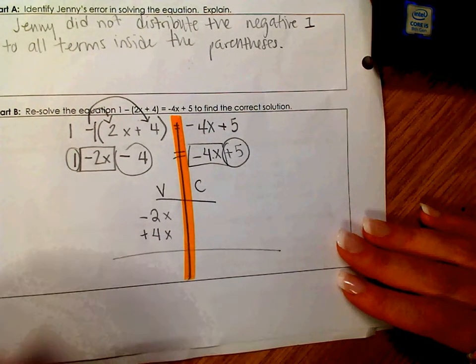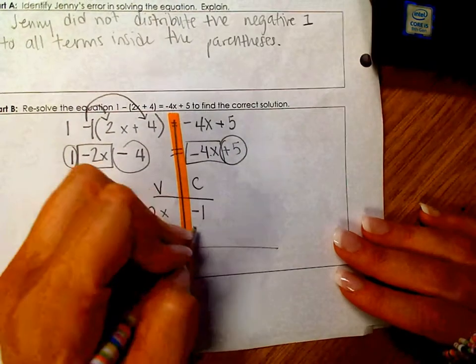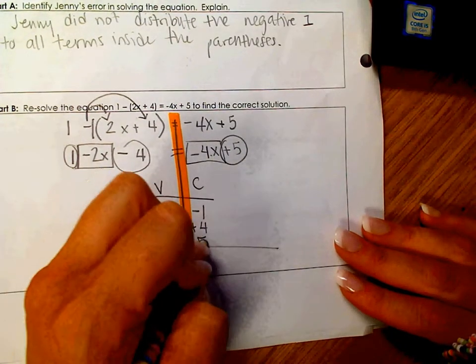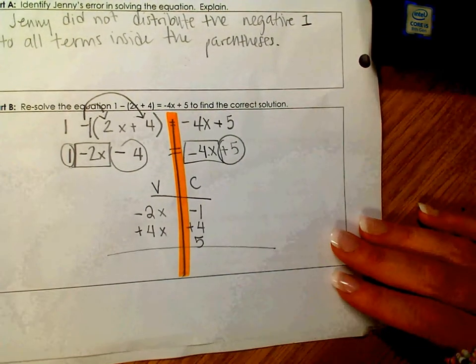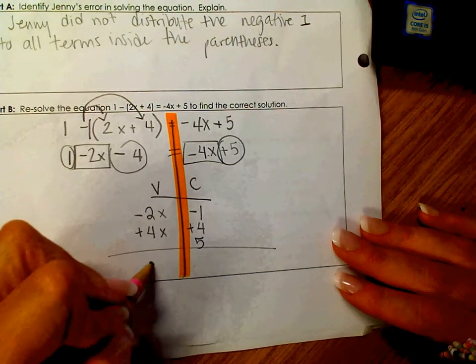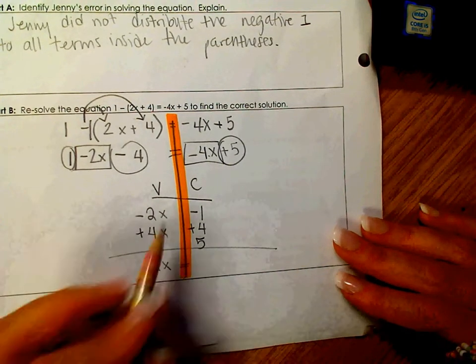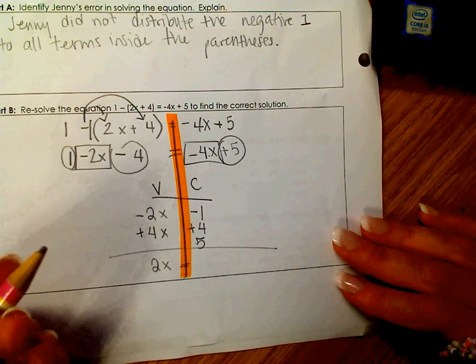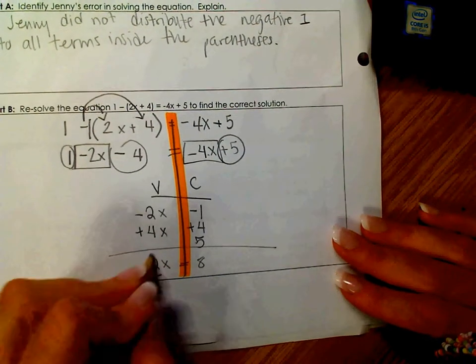My constants are a +1, which will become a -1, a -4, which will become a +4, and a +5. Now you add to combine like terms. -2x plus 4x is 2x. -1 plus 4 plus 5 is 8. And then divide by 2, and x equals 4.